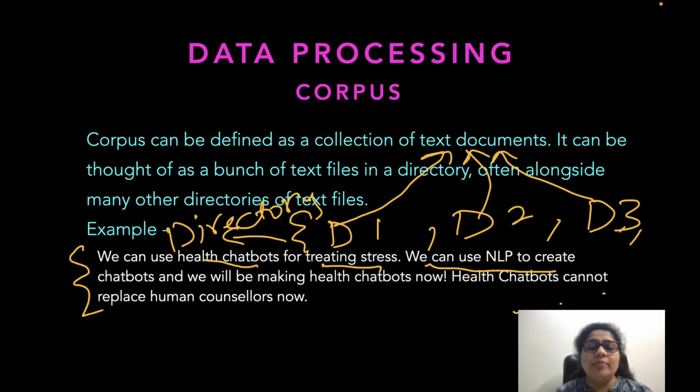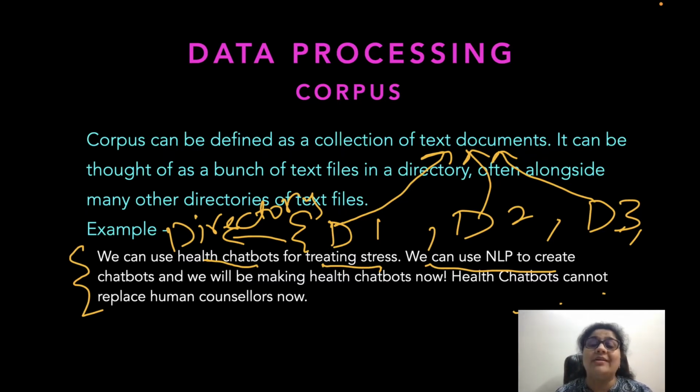A collection of documents is taken, and that will be used to do certain processing steps to reach a level where it is converted to numbers, and then the computer will actually start understanding that.